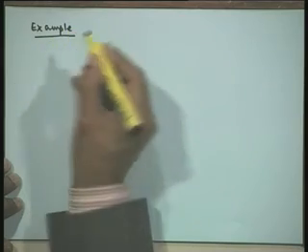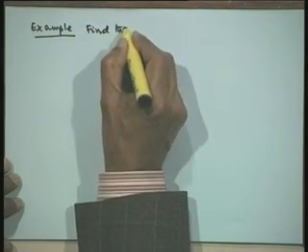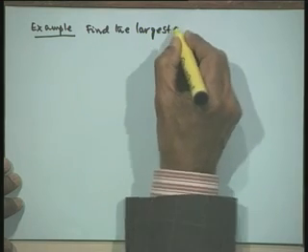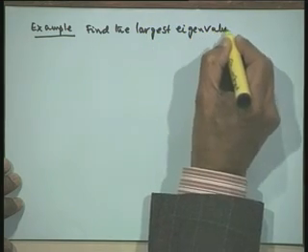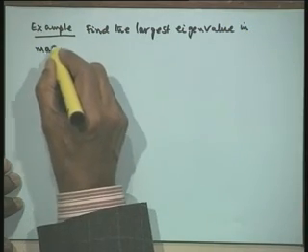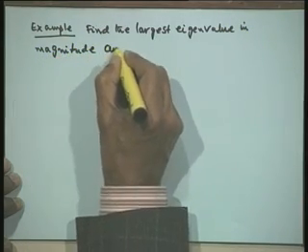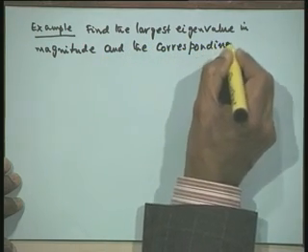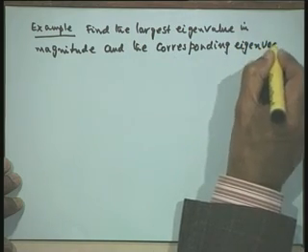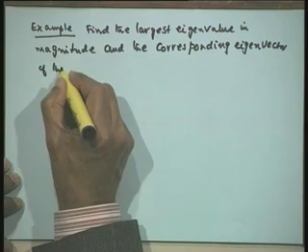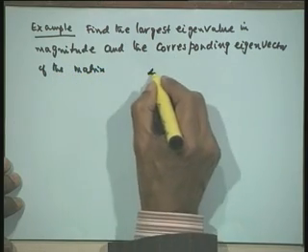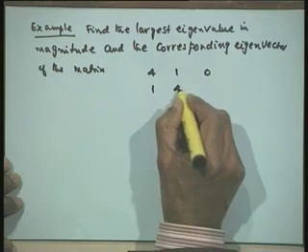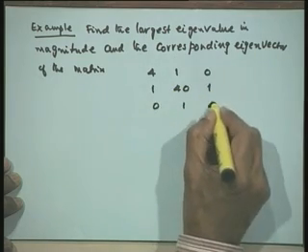Now, let us apply this on an example. Find the largest eigenvalue in magnitude and the corresponding eigenvector of the matrix with rows 4 1 0, 1 4 1, 0 1 4.